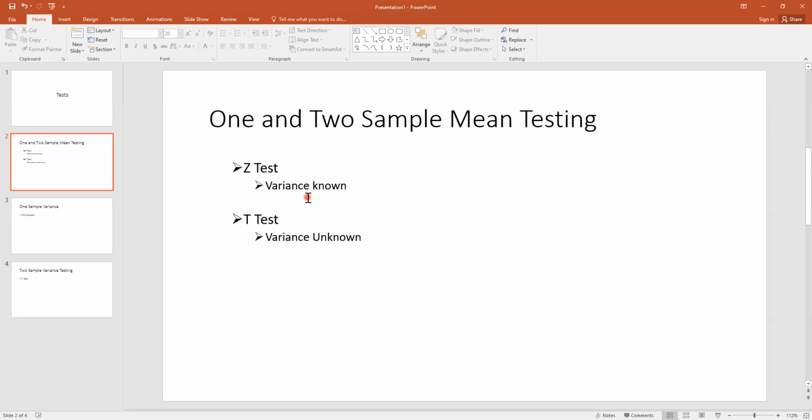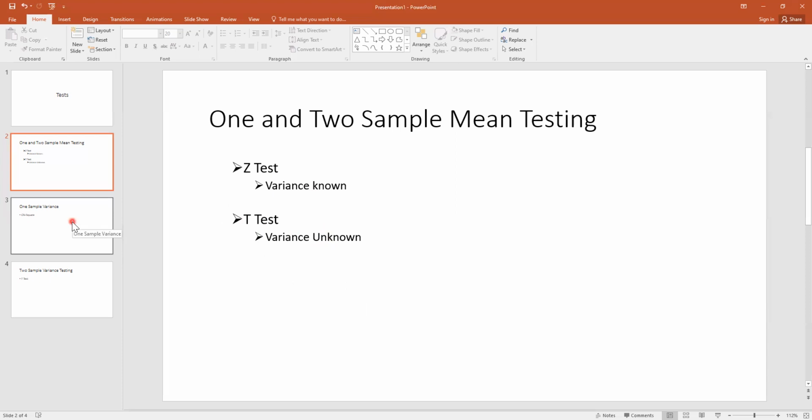If the population variances are known, not the sample variances, then choose Z. But if the population variances are unknown, then select the t-test, and which t-test is most suitable for your study will depend upon the assumptions of other parameters, which we will discuss in further lectures.